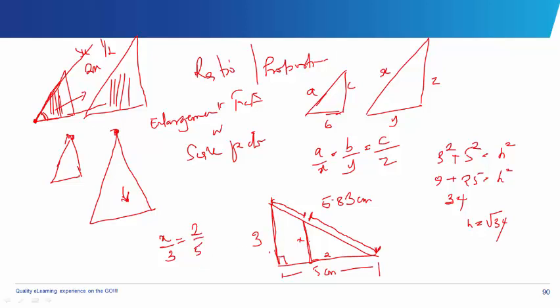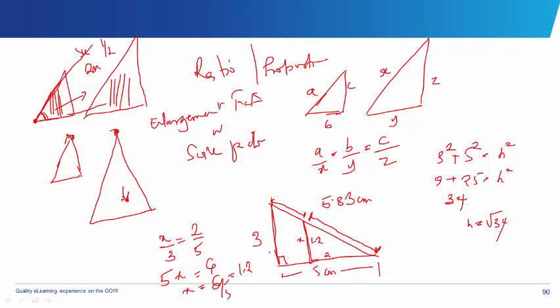So x over 3 should be equal to 2 over 5. To find x, we cross multiply. We now have 5 times x equals 2 times 3, which is 6, and x will be 6 over 5, which gives us 1.2. So our x is 1.2.